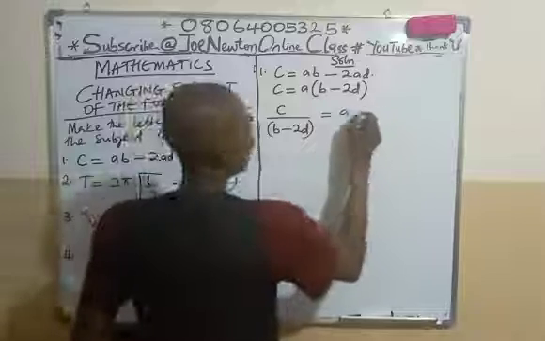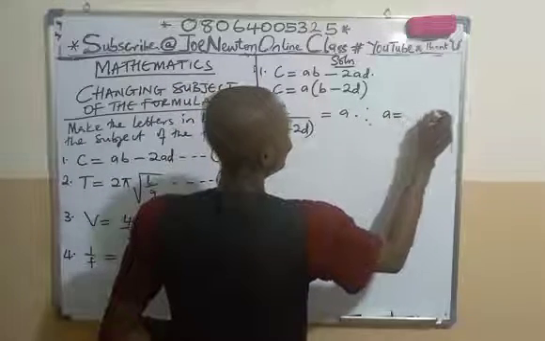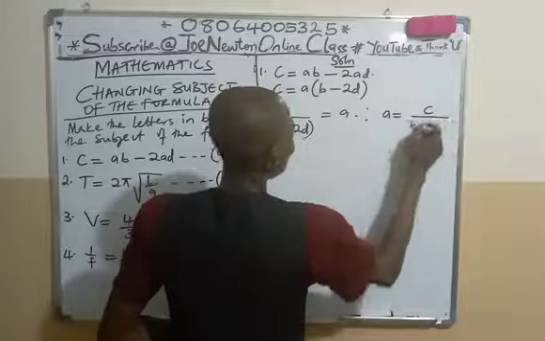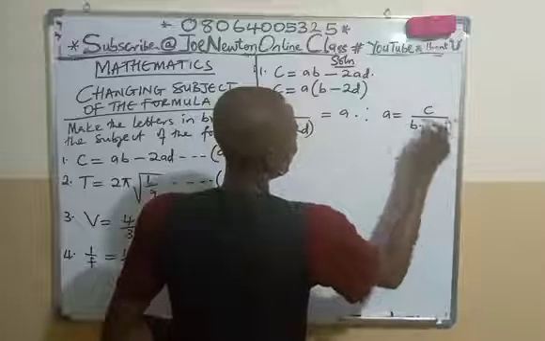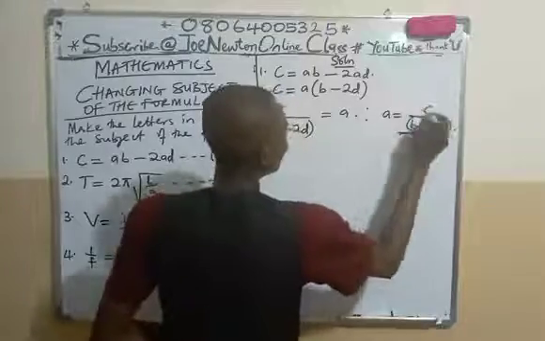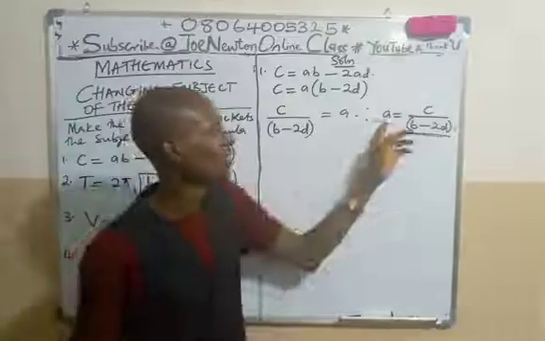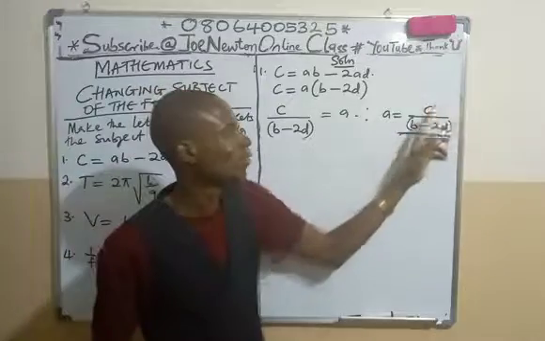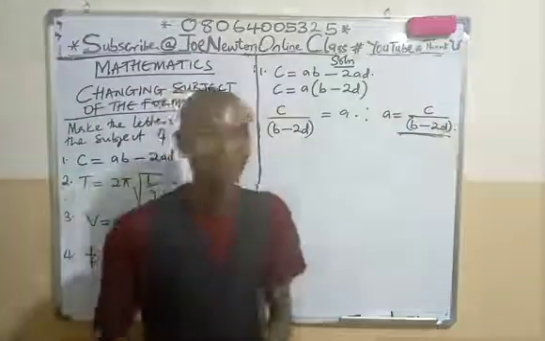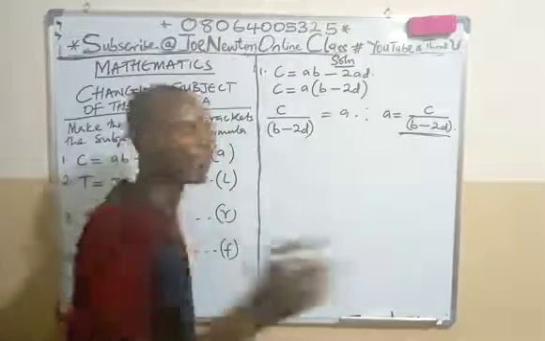So therefore, we have that A is equals to C over B minus 2D. That's our A. That's the solution to this problem. So number one problem is already solved. A is equal to C over B minus 2D. So we have made A subject of the formula now. A is now the captain.